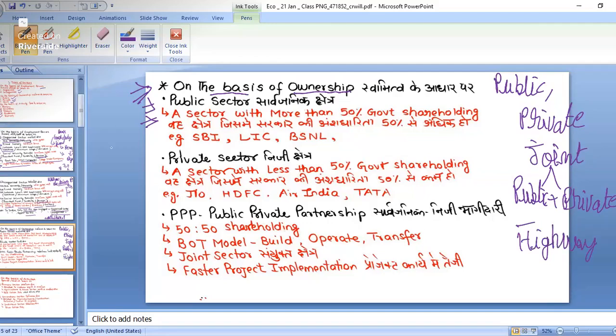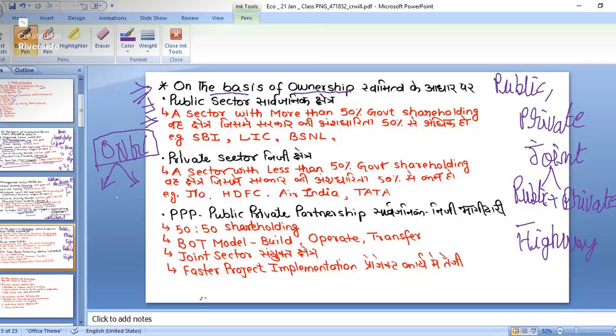In the public sector, you can take companies like ONGC, Oil and Natural Gas Corporation. Here there is a role of private property also, but there is a maximum role of public property.